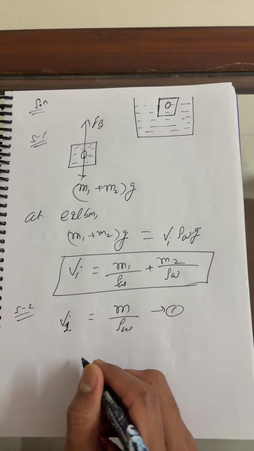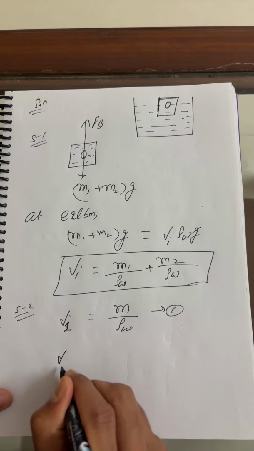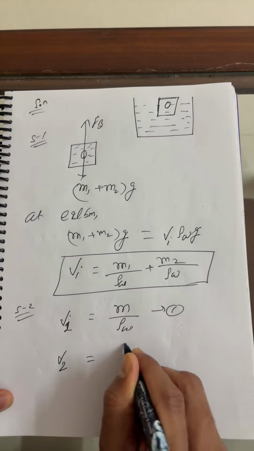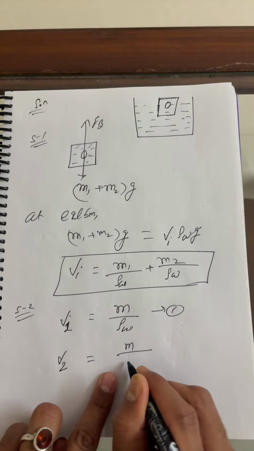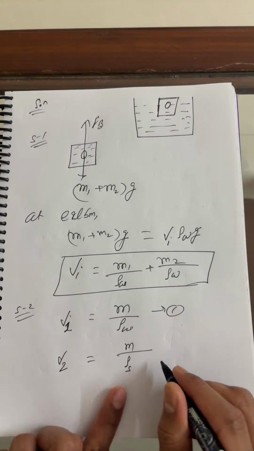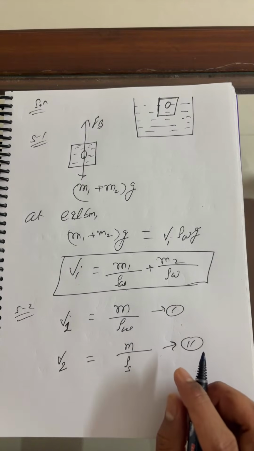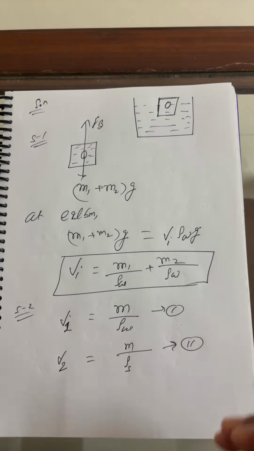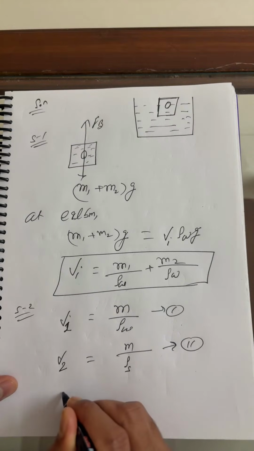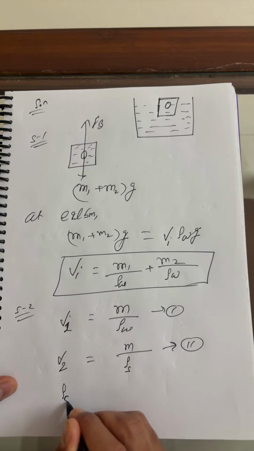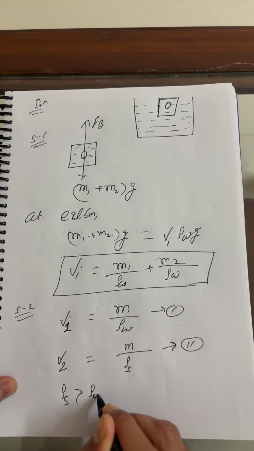Then the volume of stone, V2, is M upon density of stone, equation number 2. I hope all of you remember the density of stone is greater than the density of water.